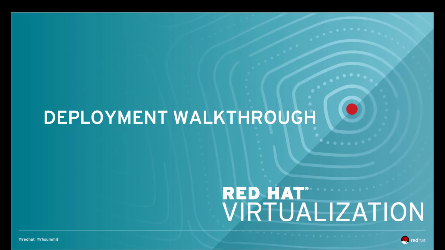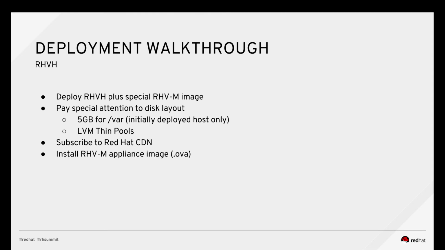So the deployment walkthrough, what does that look like? For the Red Hat Virtualization host, very straightforward. You deploy the Red Hat Virtualization host, and then the RHV-M image itself. There are actually a couple different points at which you can deploy the RHV-M image. Once you subscribe the Red Hat Virtualization host to the Red Hat Content Delivery Network, you can pull down the image at that time manually.